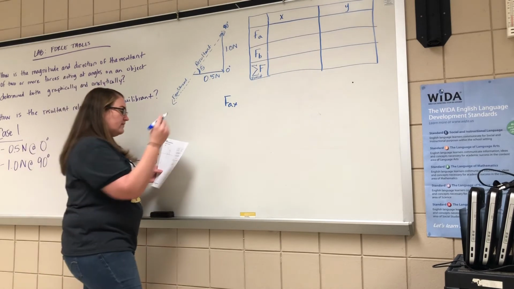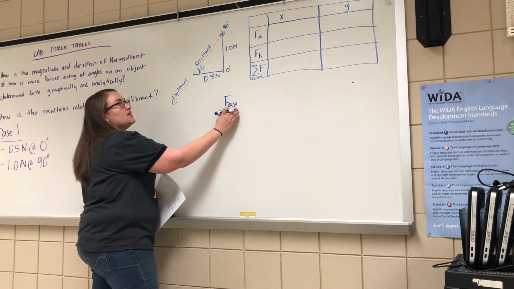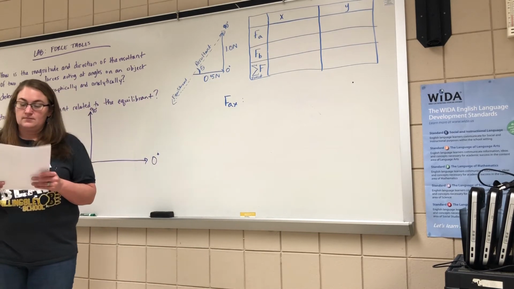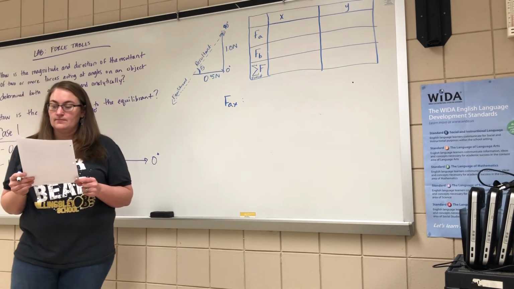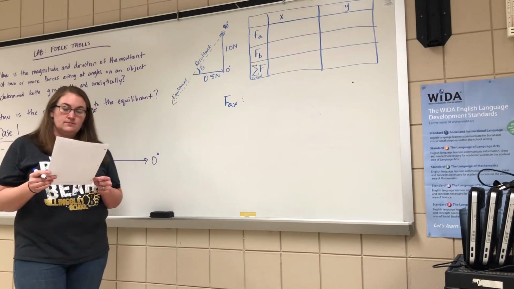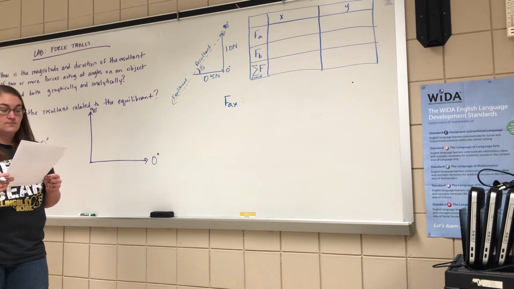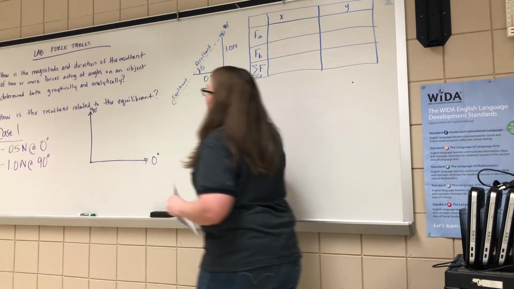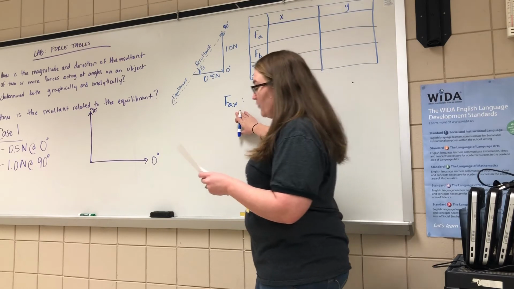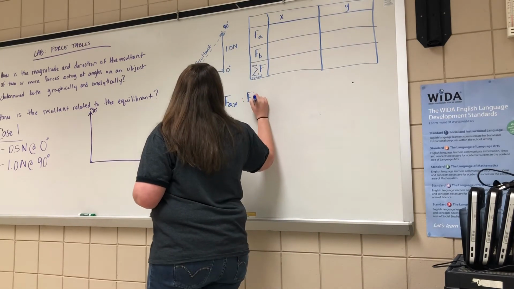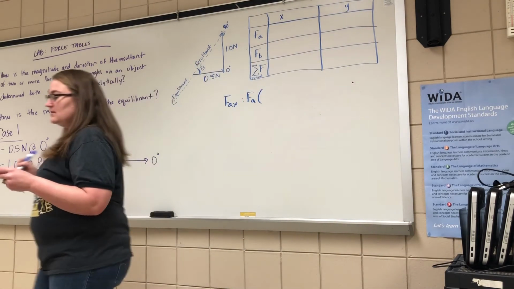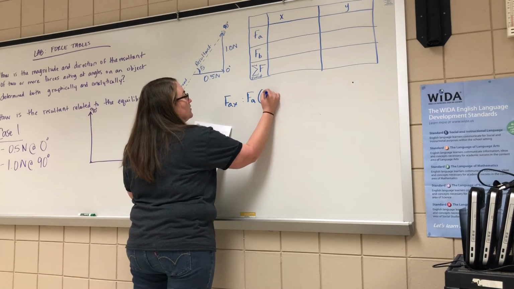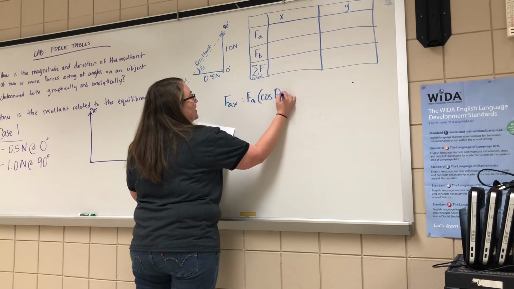So we've got force A, and we're going to look at the X component of force A. We're going to look at the force times the angle of A. So we're going to look at force times the cosine of theta of A.